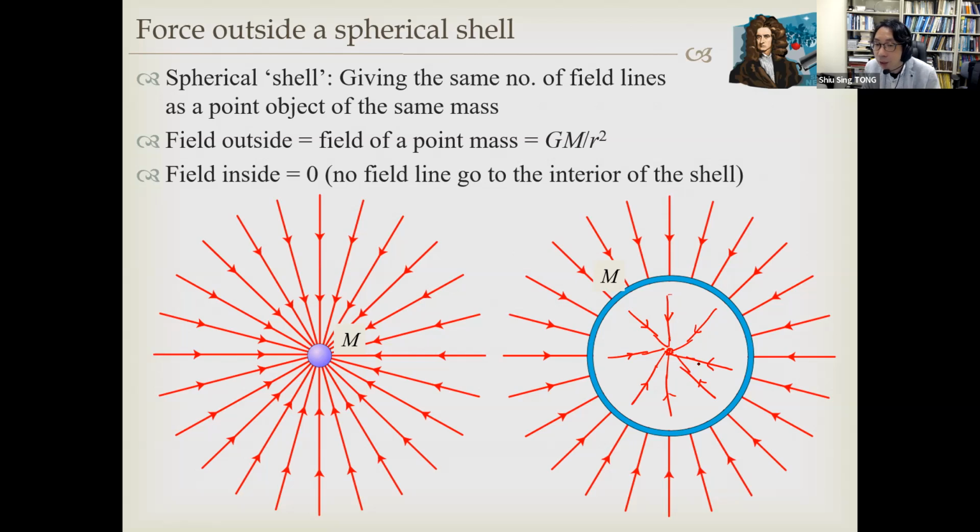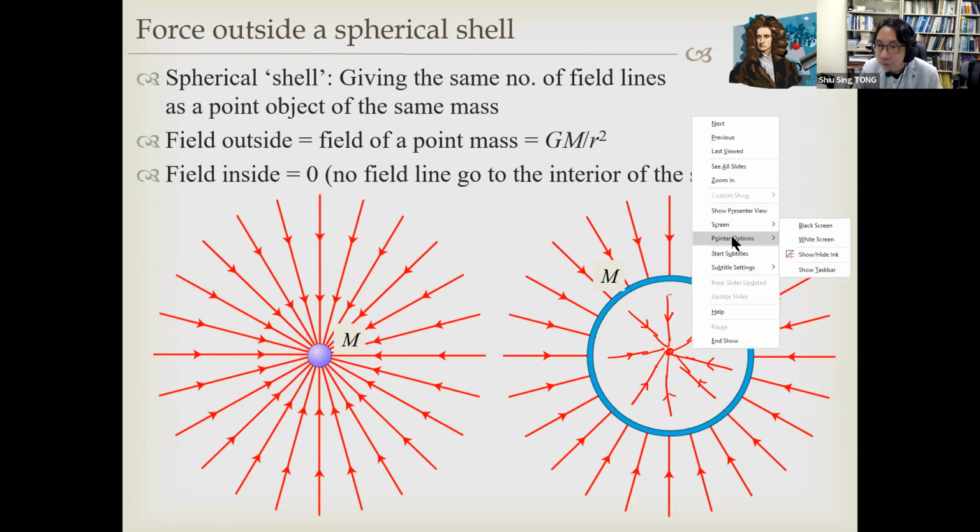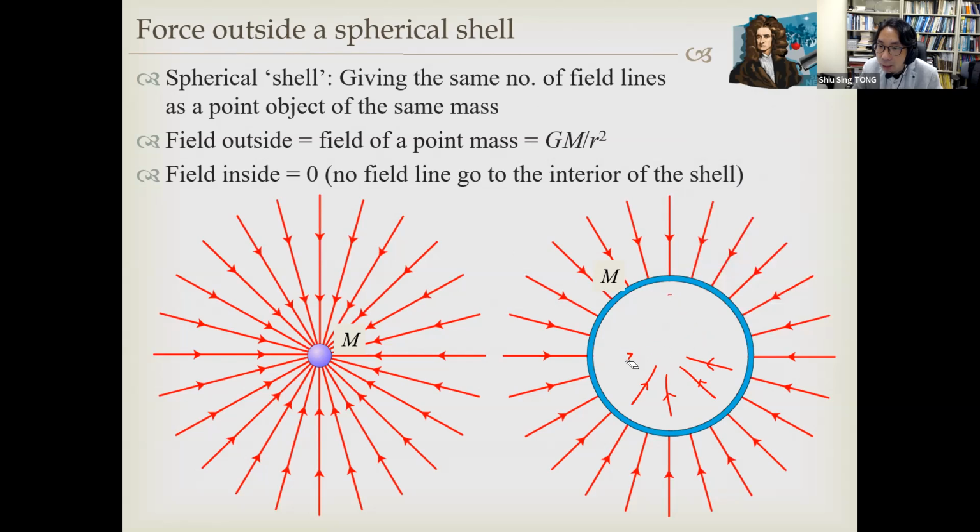Because as far as I know, as a property of gravitational force, there's nothing that can give out gravitational field lines from a point, right? So these two cases are not possible. And so my only conclusion is that nothing is here. I cannot have another conclusion. The only conclusion is that I do not have any field lines inside the shell.